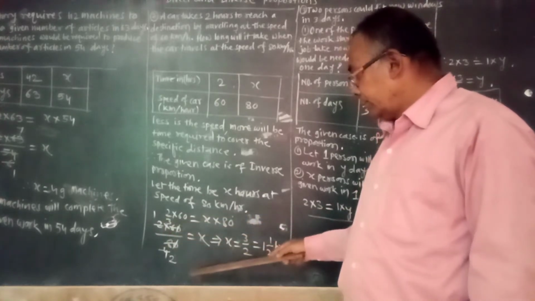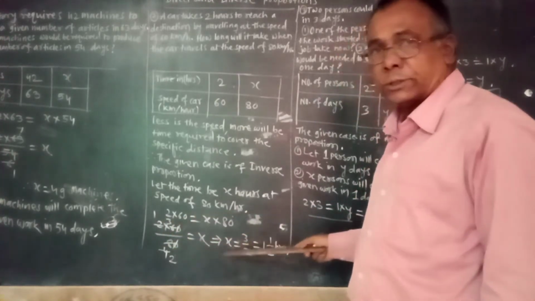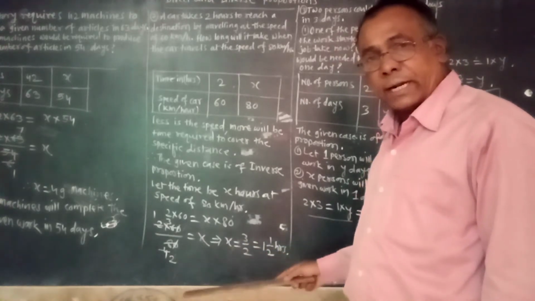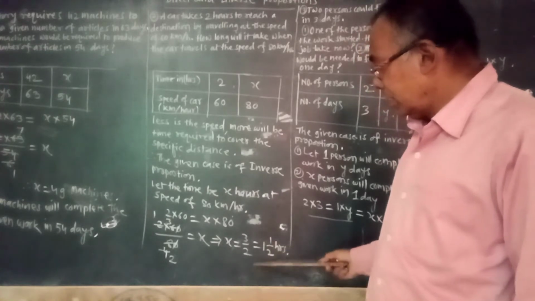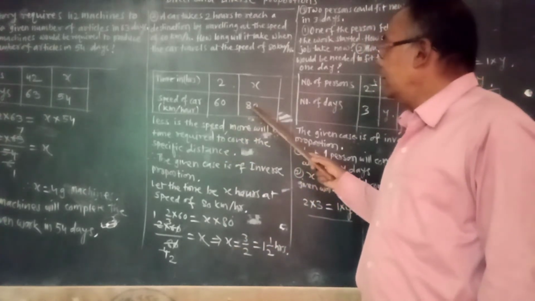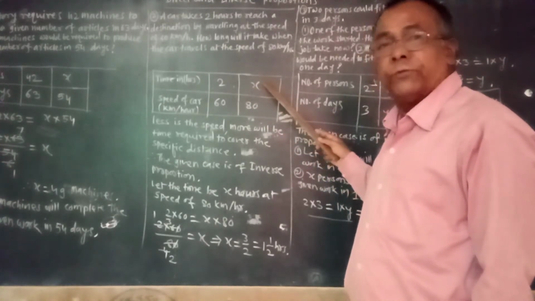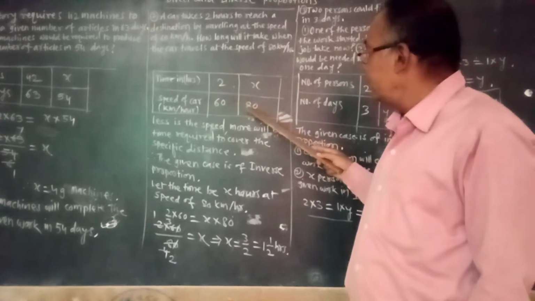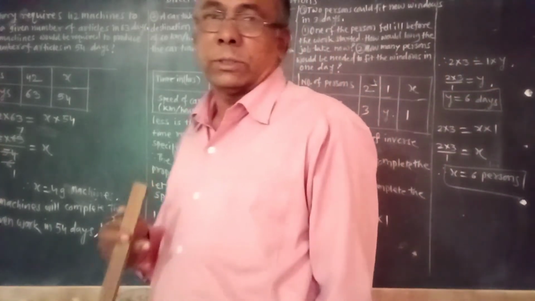So x is equal to 3 upon 2 hours, or we can write 3 upon 2 as 1.5 hours. Therefore the car will take 1.5 hours if it is traveling with the speed 80 kilometers per hour.